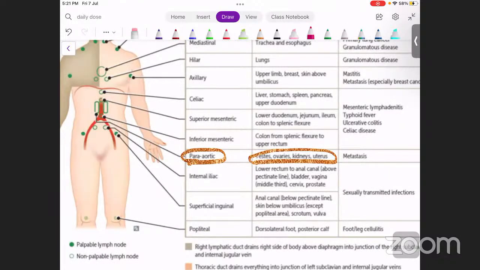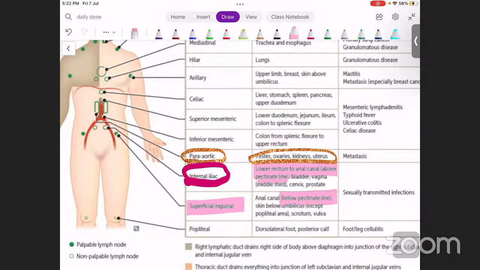Apart from that, you have the internal iliac, which drains the lower rectum to the anal canal above the pectinate line. Below the pectinate line, it's the superficial inguinal. That's the place where they may twist the question, people. So above the pectinate line, it's the internal iliac lymph node. Below the pectinate line, it is the superficial inguinal lymph node.